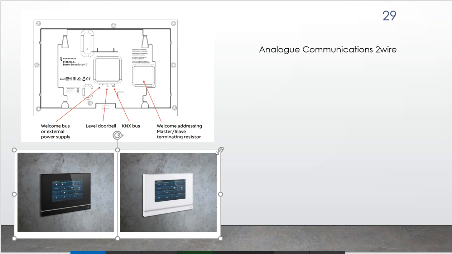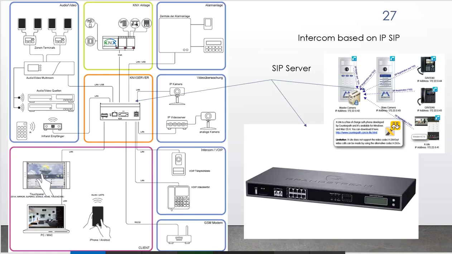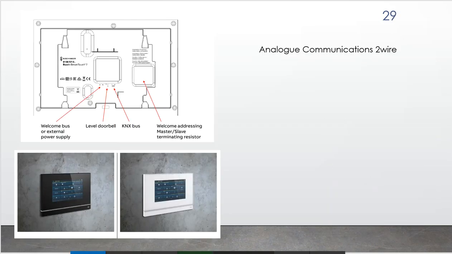This is the old solution and is currently used by ABB, but I think since 2022 ABB provides IP intercom also, based on their own products. I think it's not SIP. They provided SIP before, but nowadays it's based on IP. So we have several solutions and you can go through them and learn about the intercom things.